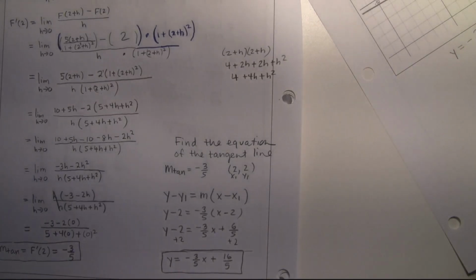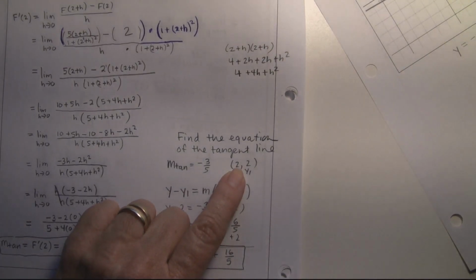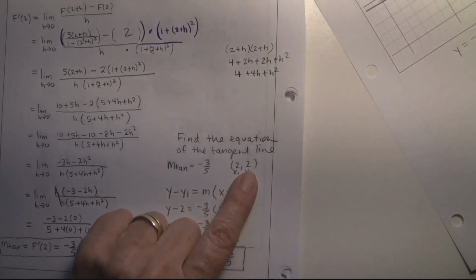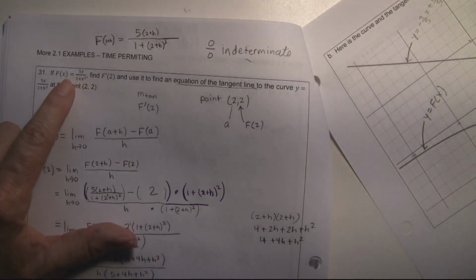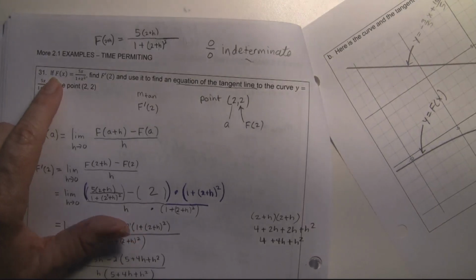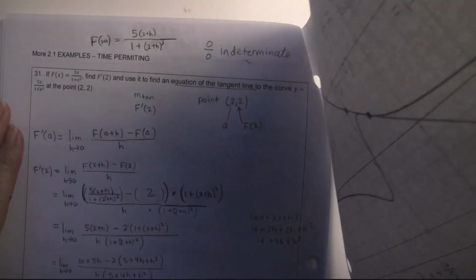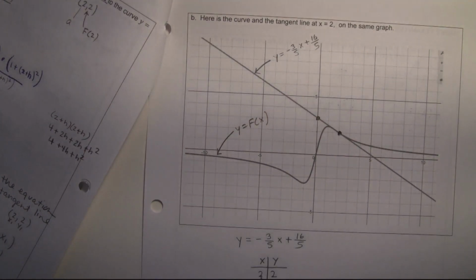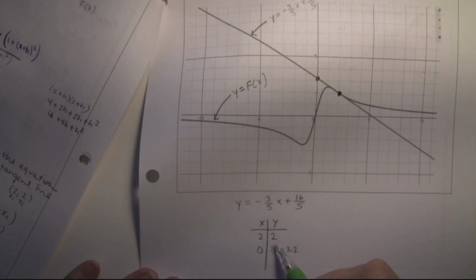But remember, they gave me the point here, 2, and then they said, here is that y value. Well, how could we find that y value? We could put it right here into our equation, but the problem is that they didn't give me that. But there was another place we could find it that they did give me. Do you remember when we put in 2 right here into our tangent line and we found it?